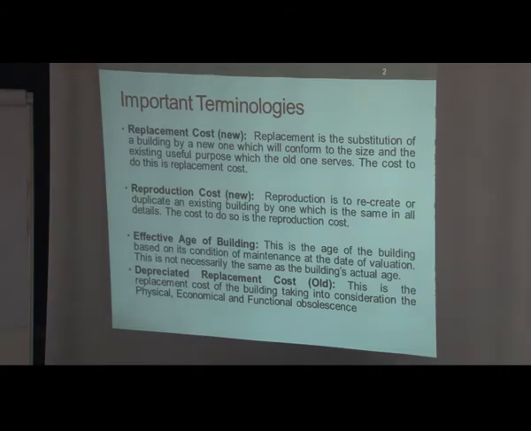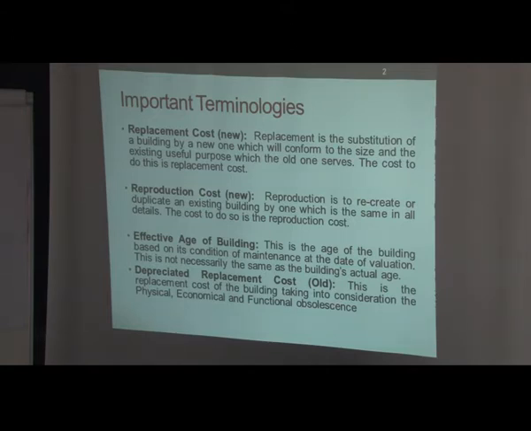The condition of the building is dependent on the maintenance. So a building which was built 20 years ago, if it is properly maintained, can look as good as a building which was built yesterday. Exactly. So what age do you use when you are calculating depreciation for a property?